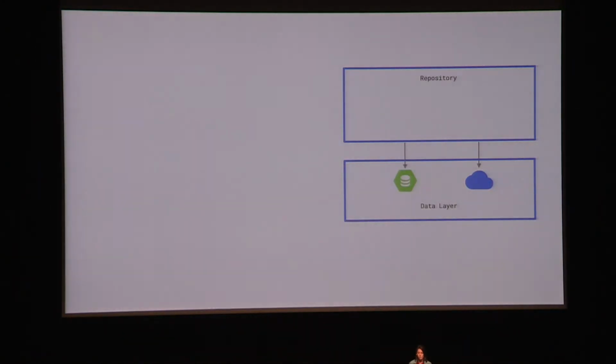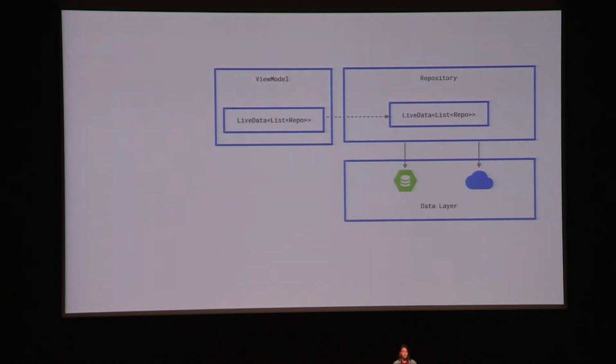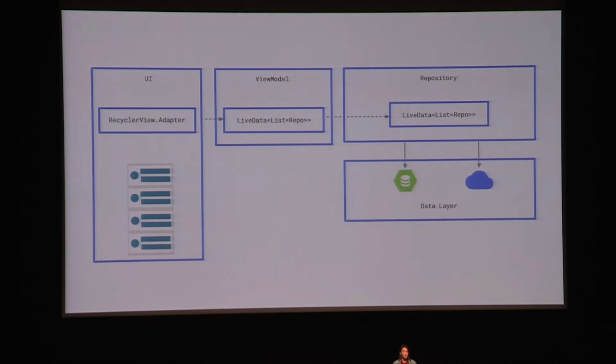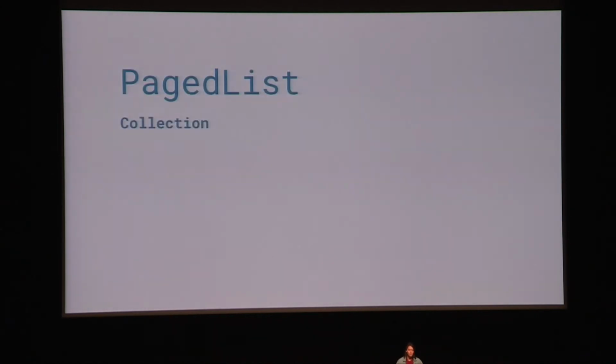We would have a repository that would work with the network and with the database. And then usually in our apps, you would expose live data of a list of repositories. Then we would have a view model that works with that live data of a list of repo. And then a UI that is in charge of displaying that list. So it will have a recycler view adapter and an actual recycler view.